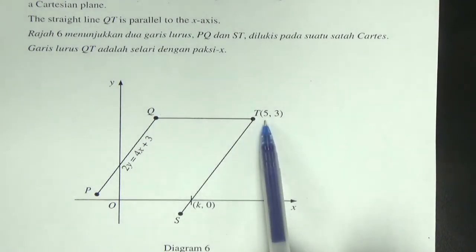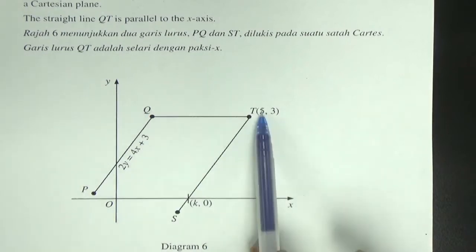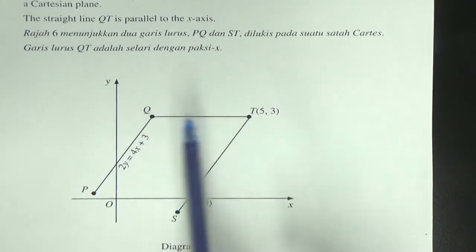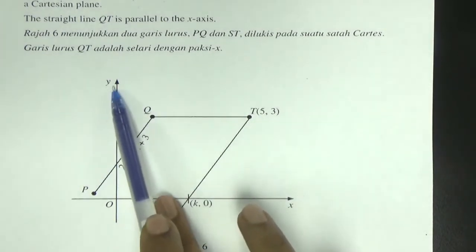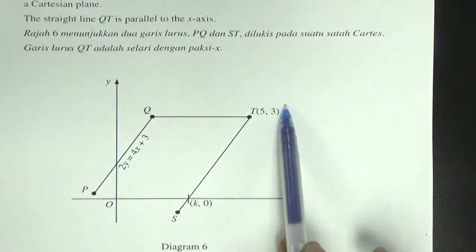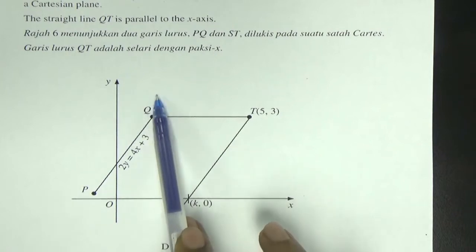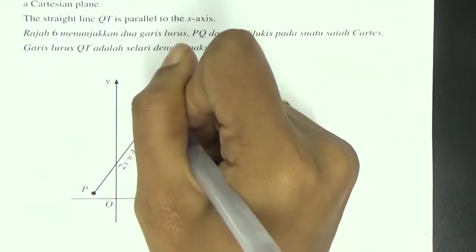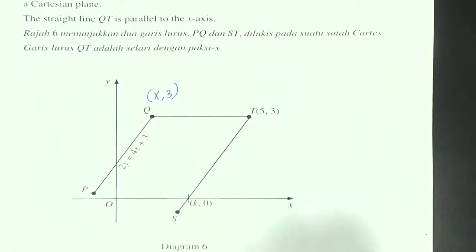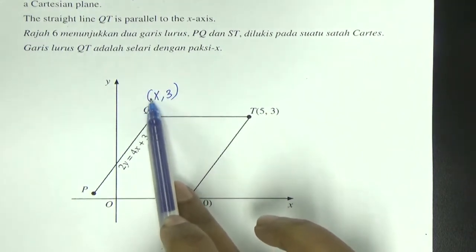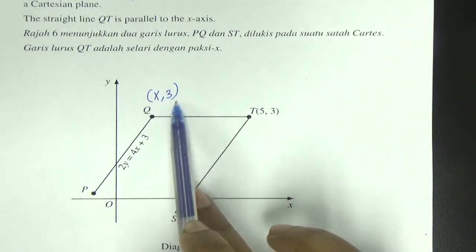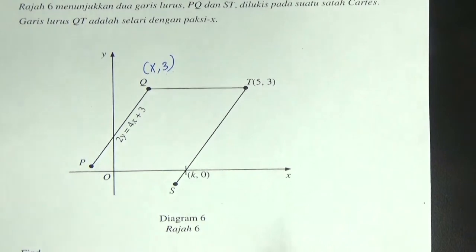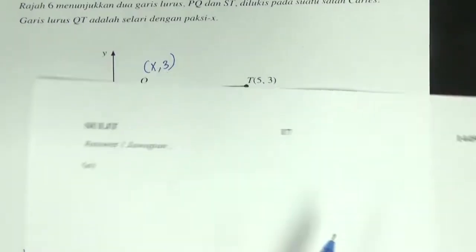QT is parallel to the x-axis, so QT is passing through y equals 3. For Q, x we can't find, but y is 3. So, the equation is y equal to 3.